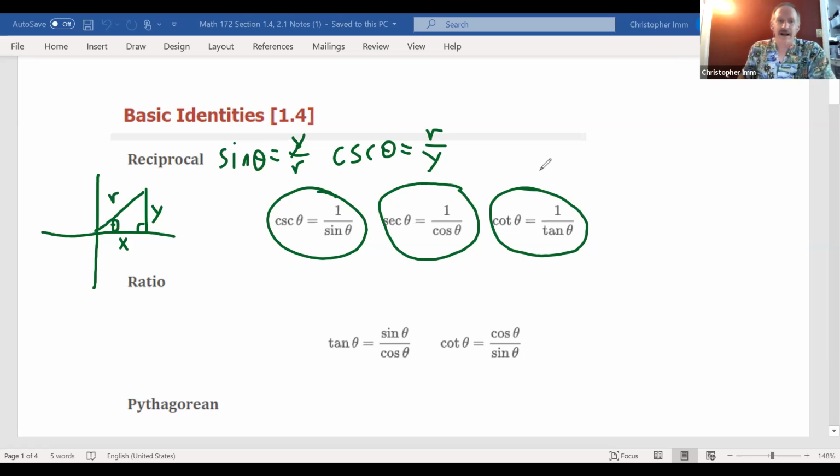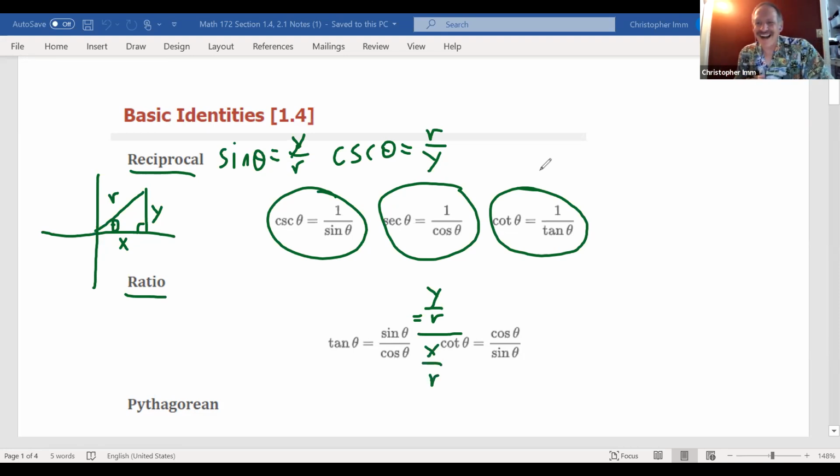So those are reciprocal identities. There are ones called ratio identities, and those deal with tangent and cotangent. If you have sine and cosine, it'll be easy to find tangent by taking the ratio. Let's see how that works out. Like we said, from that triangle, sine is y over r, and cosine is x over r.